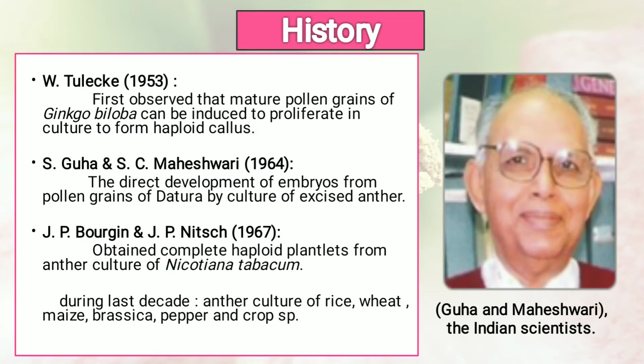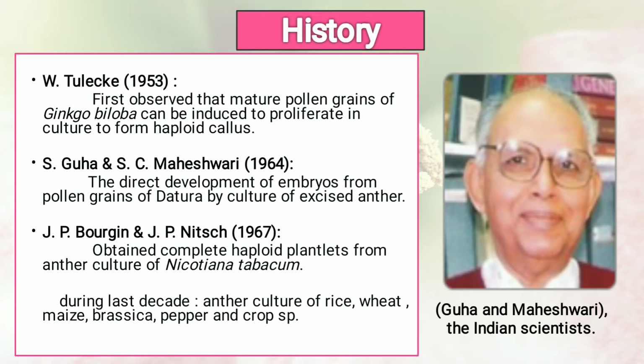History of anther culture. Chulecki, in the year 1953, first observed that the mature pollen grain in Ginkgo biloba can be induced to proliferate in culture to form a haploid callus.